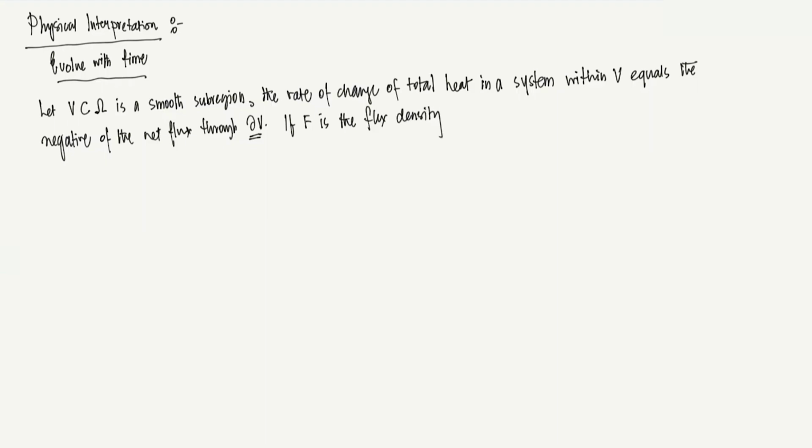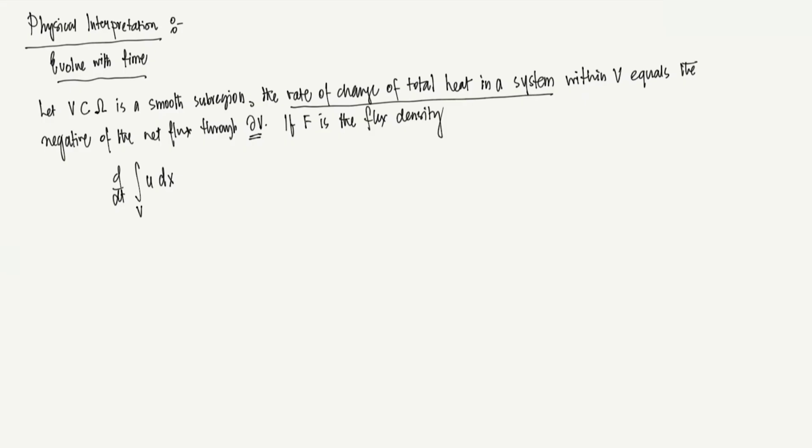Okay, so if F is the flux density, then d/dt of the integral over V of u dx. Why is this true? See, the integral over V of u dx is nothing but the total heat in the system.